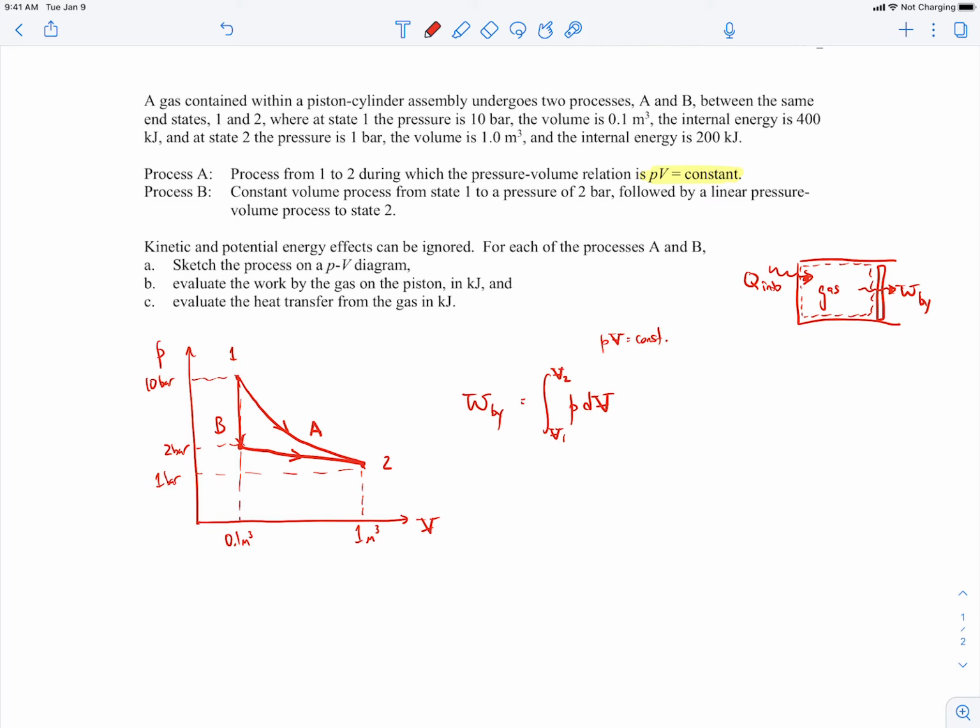By the way, the constant we can find from the initial conditions. So we'll put in a P1, V1, right? So that means that P is equal to P1 times V1 all over V. And then we can substitute that into the integral. And then the P1, V1 are constants, so we can pull those outside the integral.